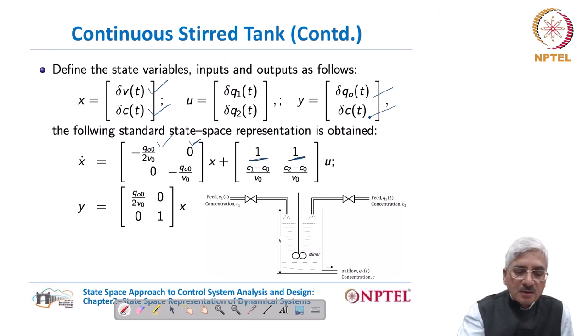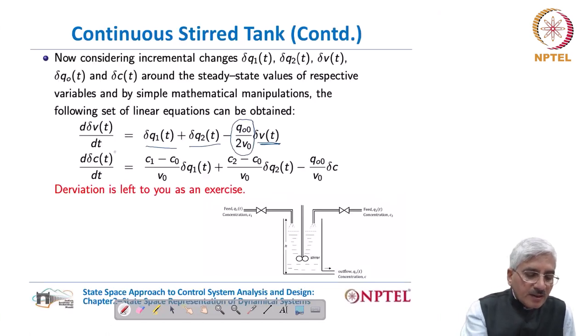U is the vector, delta Q1 plus 1 into delta Q2. The second one is the rate of change of concentration. So d delta Ct, that is state x2.